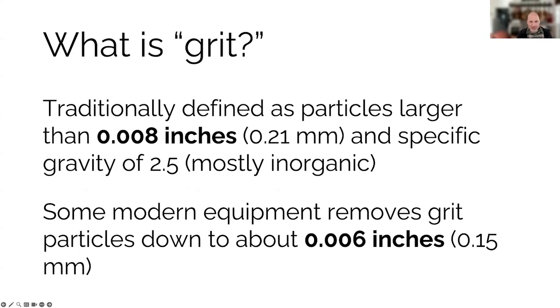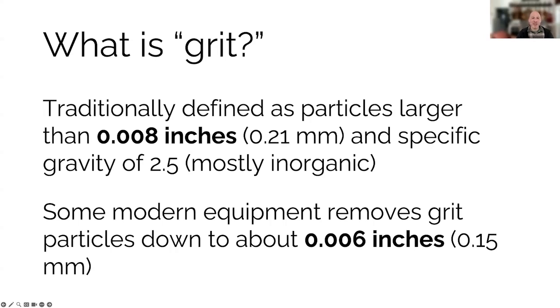So this is sand, cinders, rocks, coffee grounds, eggs, seeds, stuff that's mostly inorganic. It's not digestible, so the biological treatment processes you have in your plant aren't going to have any effect on it. So you need to get it out of the system. There is some modern equipment that will remove grit down to 0.006 of an inch.